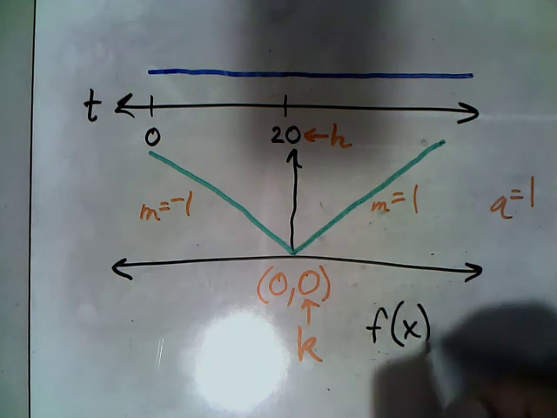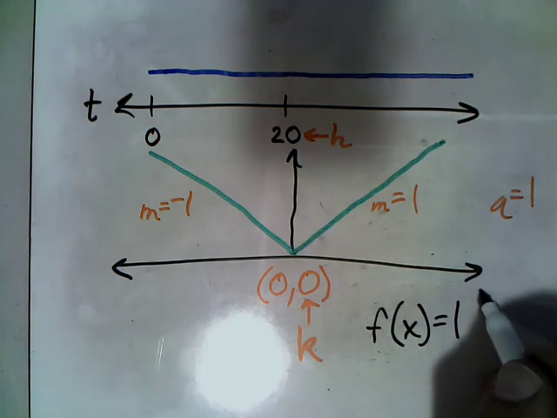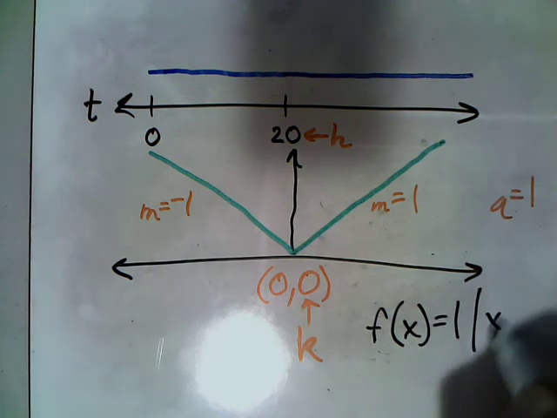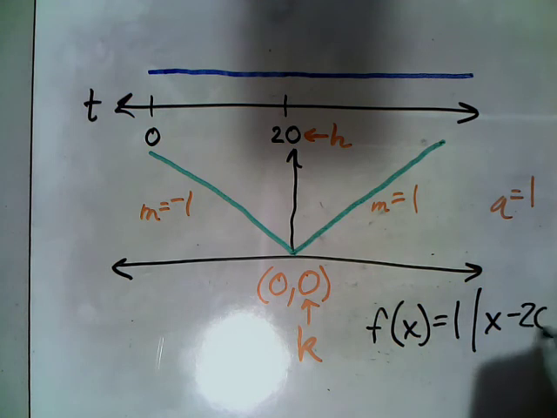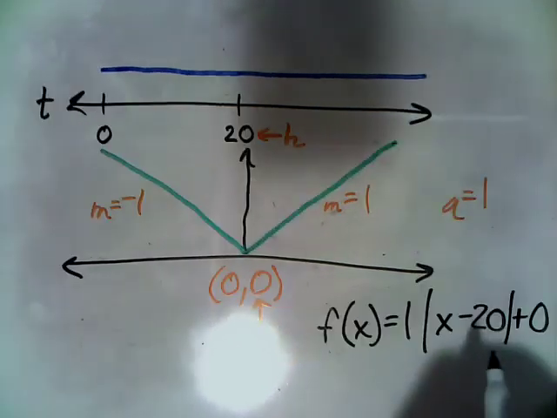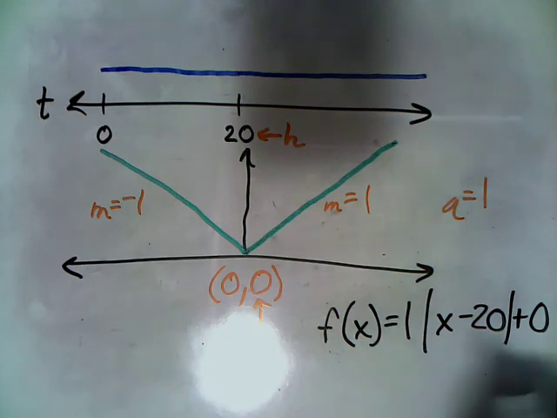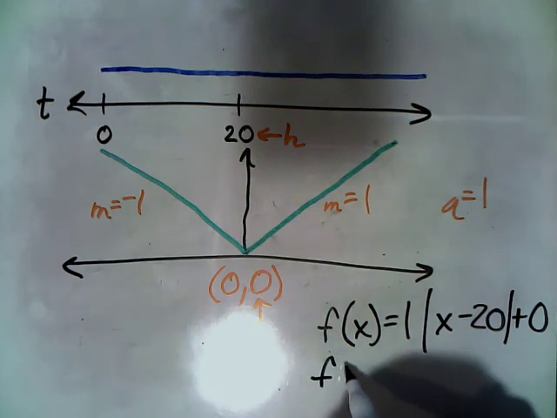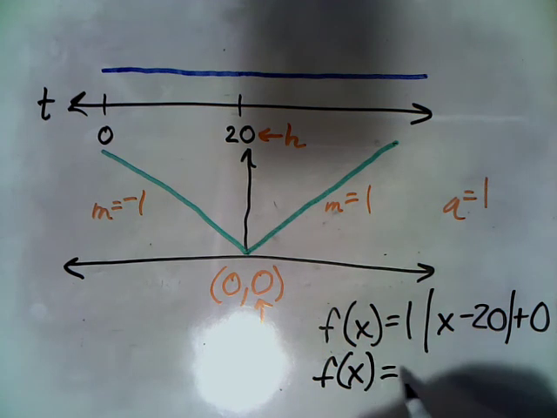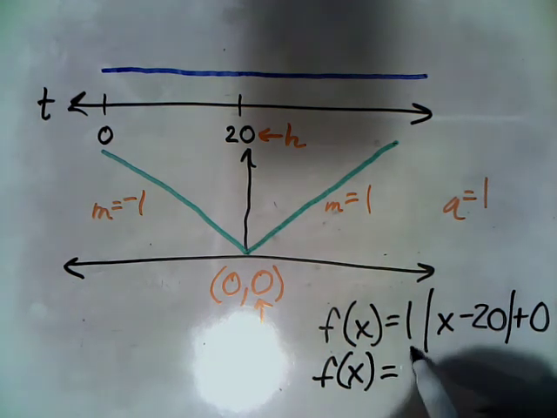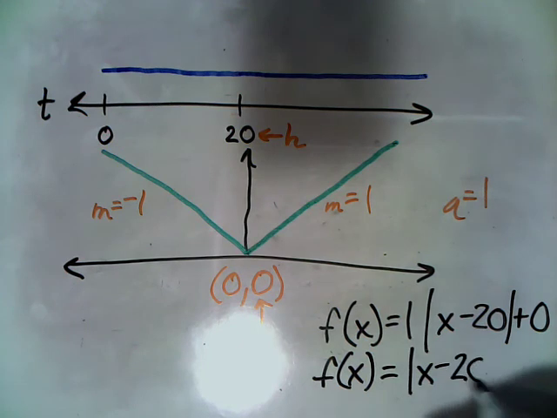So f of x equals 1 times the absolute value of x minus 20 plus 0. Which then if we simplify that, the book actually didn't simplify it all the way. So the function of the position of that helicopter will actually be the absolute value of x minus 20.